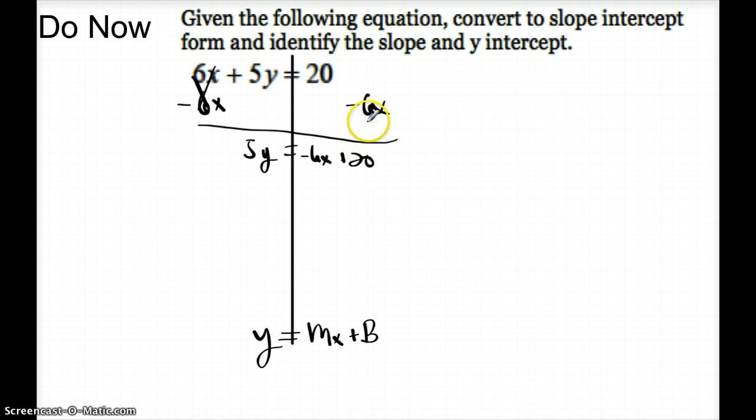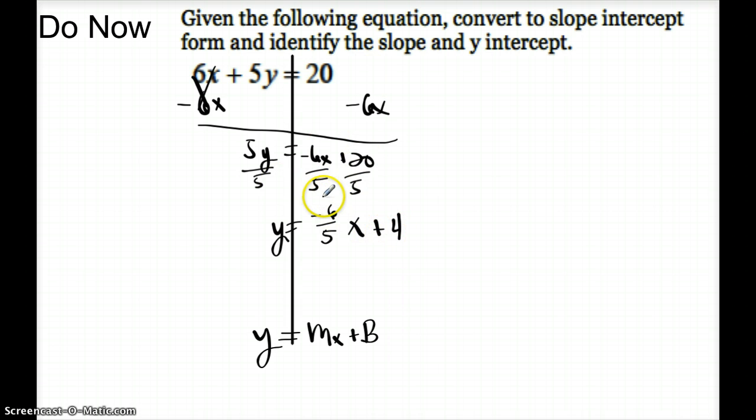Again, when I switched these places, I kept the signs together. Negative with a 6, positive with a 20. Divide by 5. Divide everything by 5, not just the 20, because it works. y equals negative 6 over 5 x plus 4. 20 divided by 5 is 4.